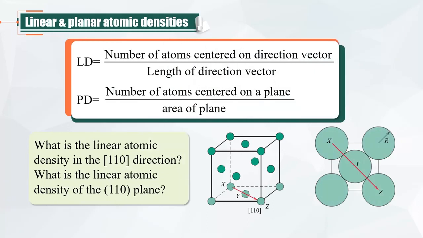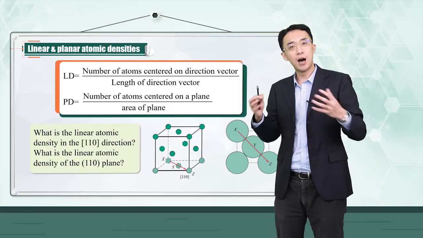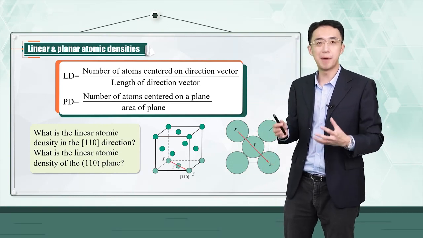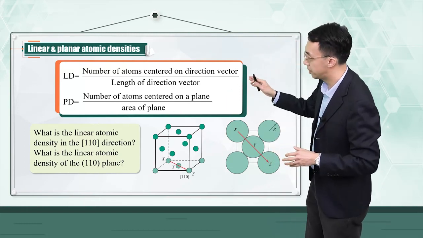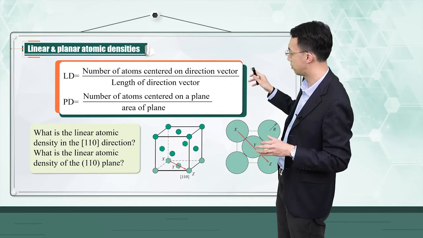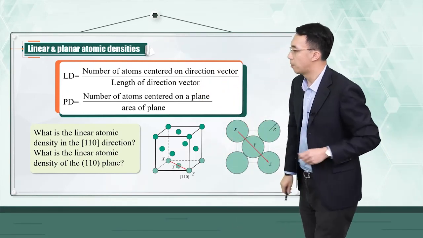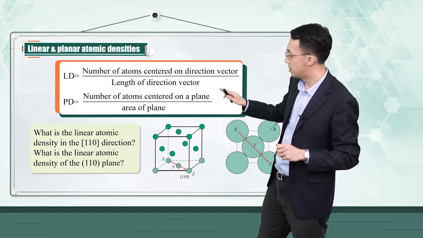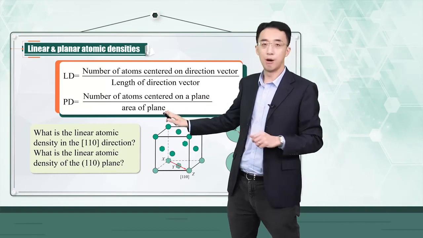Now we are going to discuss two important concepts: linear atomic density and planar atomic density. Sometimes you want to know how densely the atoms are packed in certain crystallographic directions and planes. Linear density of atoms is defined as the number of atoms centered on the direction vector divided by the length of the direction vector. And the planar density of atoms is the number of atoms centered on the plane divided by the area of the plane.